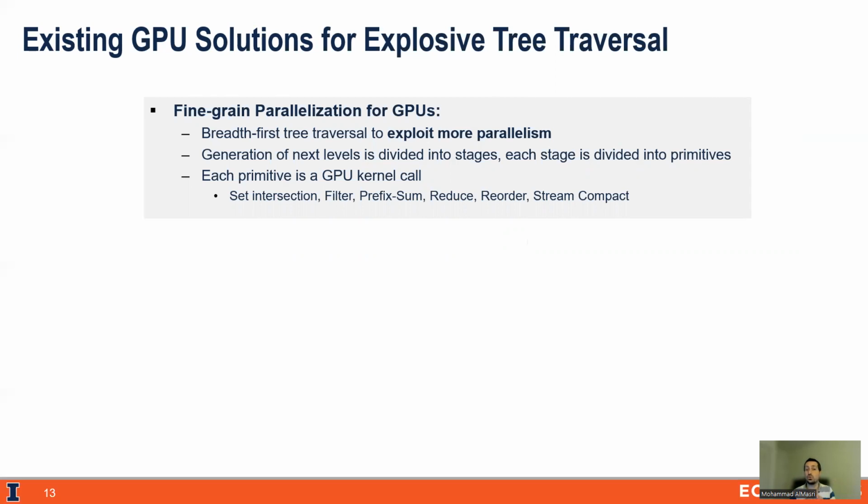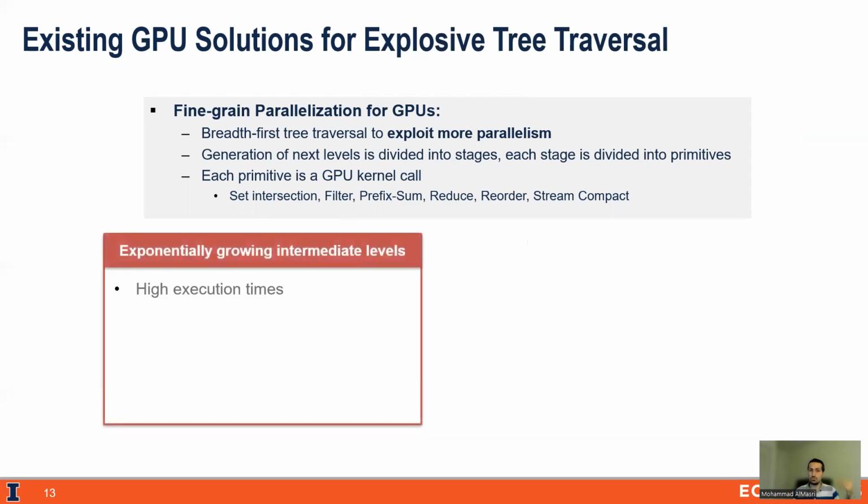So there will be so many kernel calls happening to do the BFS on the GPU. As we get exponentially growing intermediate levels, you will have higher execution times.